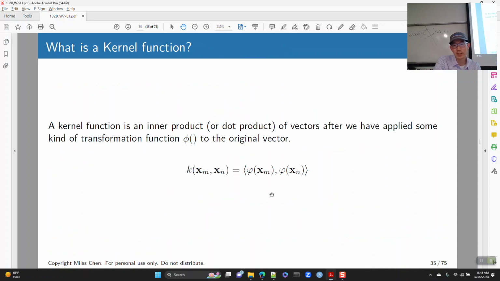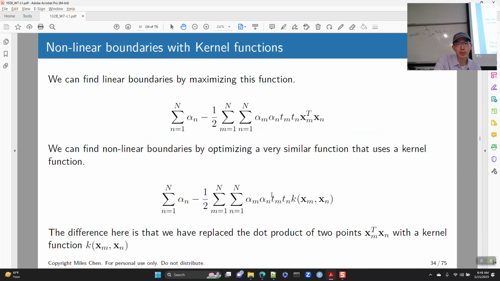I'll get into this on Friday, but we'll transform the dimensionality and allow work in a higher dimensional space, which, when projected back down into either two-dimensional or three-dimensional space, ends up having what looks like a nonlinear boundary.